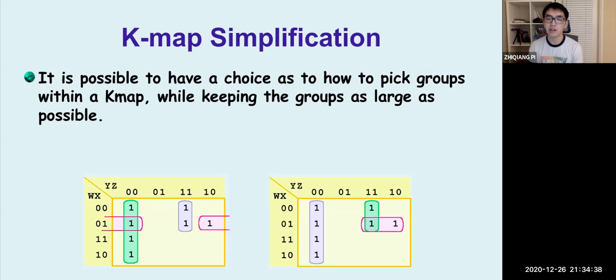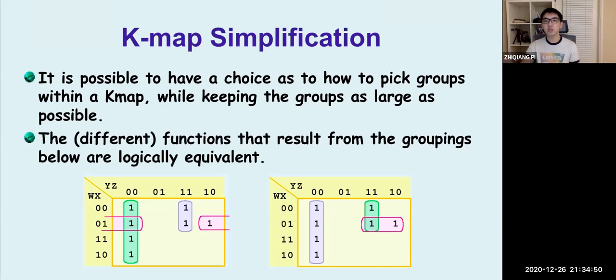And all ones are contained in at least one group. When this happens, you need to realize that all these groupings give Boolean expressions that are logically equivalent.